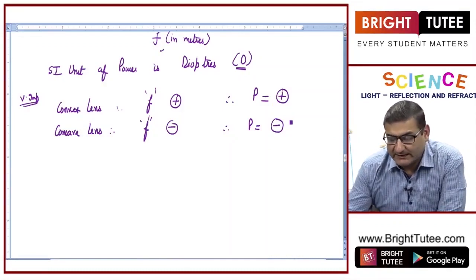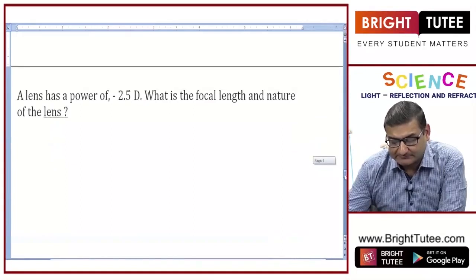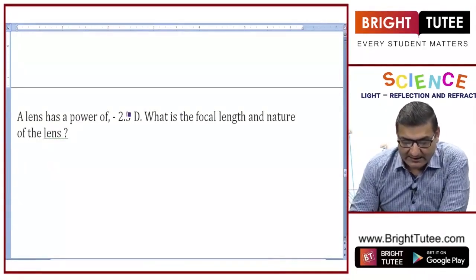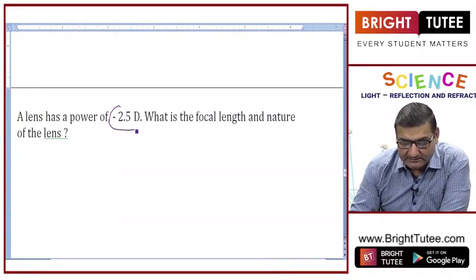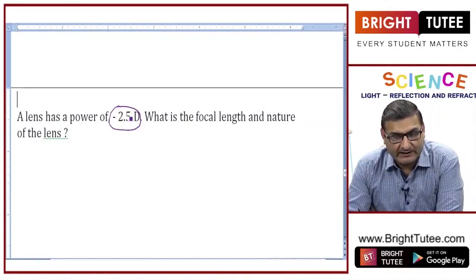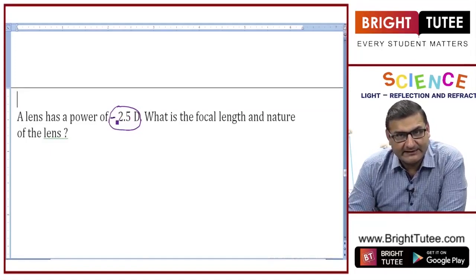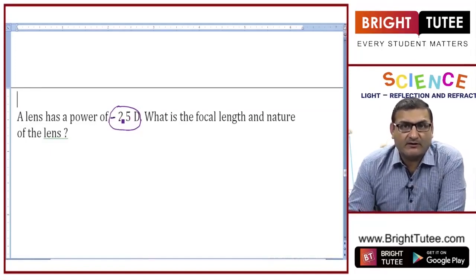Got it? Next, we are given a few questions based on this. Let us see. A lens has a power of minus 2.5 diopters. Right? This minus sign in itself, what does it indicate? That it is a concave lens.